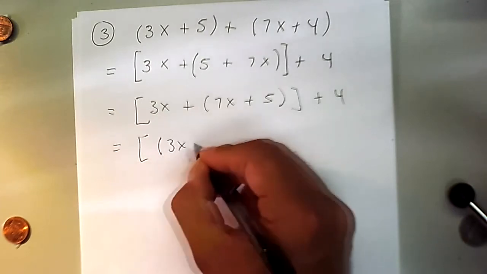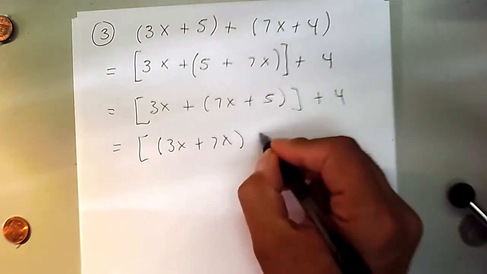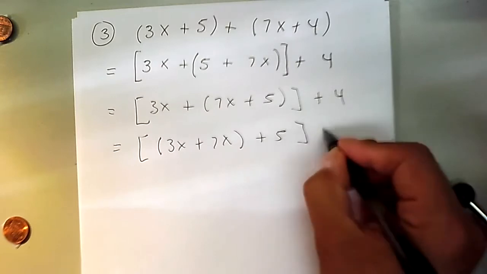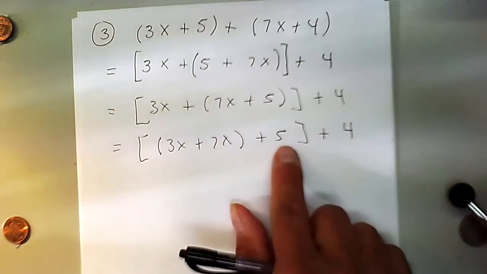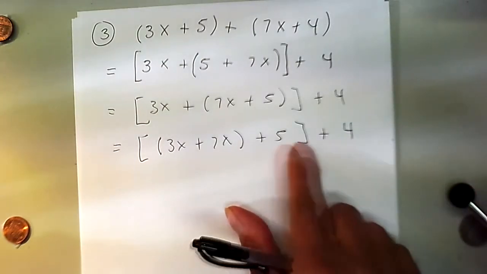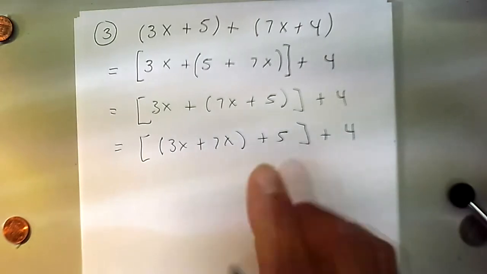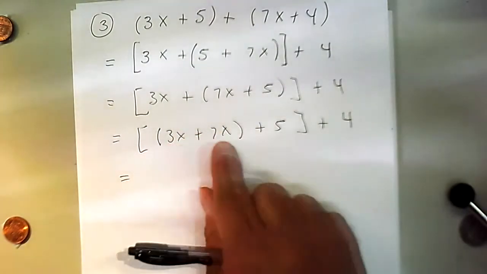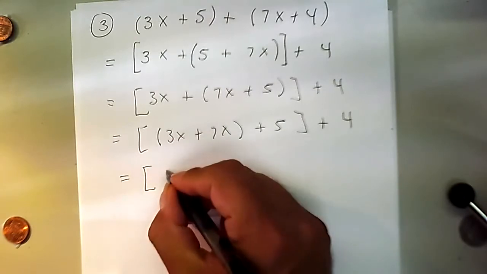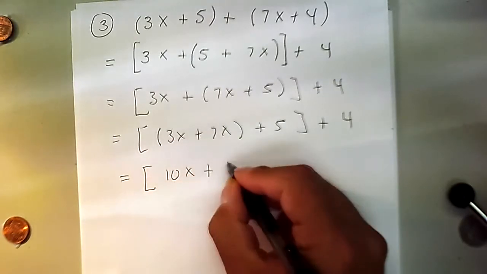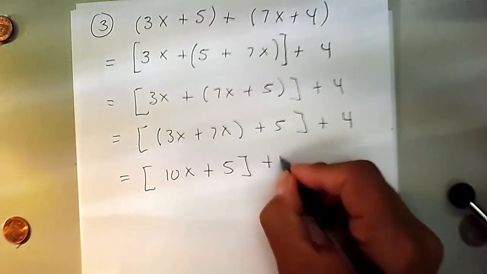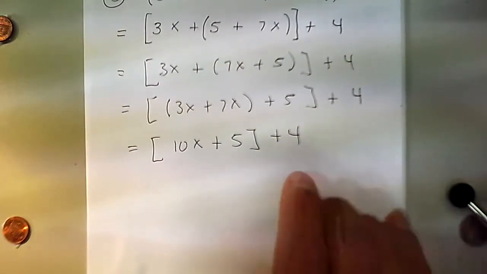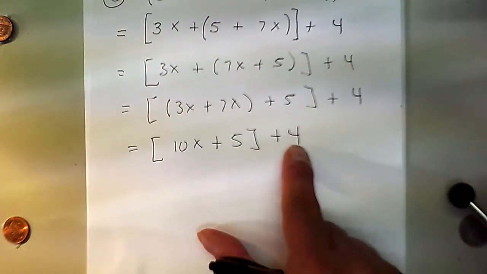So 3x plus 7x. Keep the 5 out, waiting. And technically speaking, we cannot add those two until we reassociate again. This is going to be, of course, 10x plus 5. We need to add the 4. And technically speaking, we have to reassociate that.